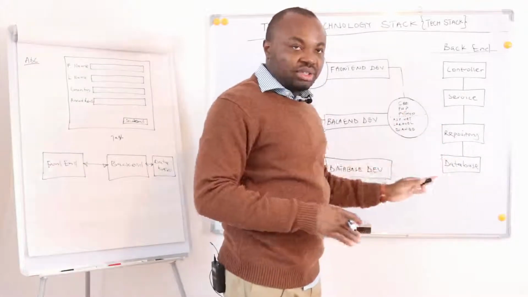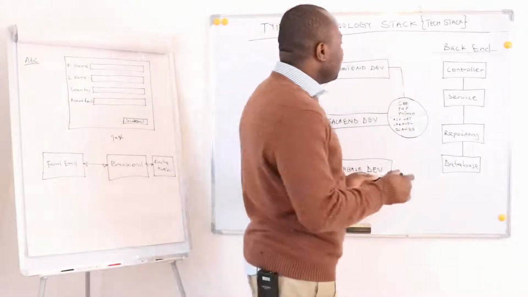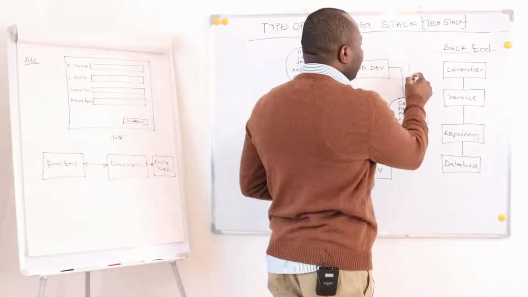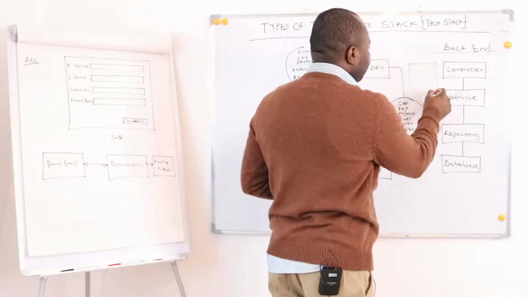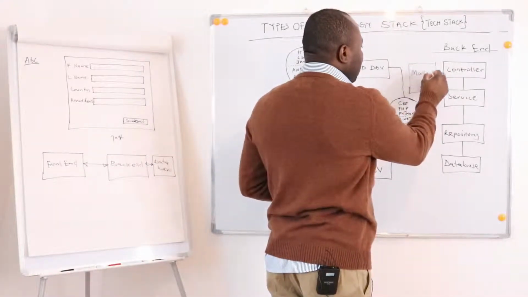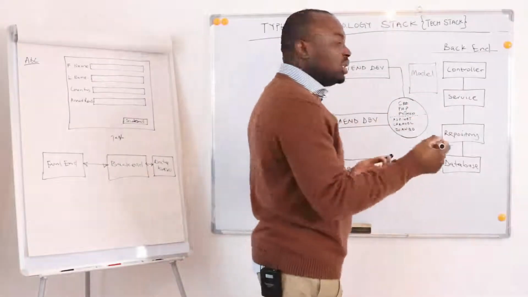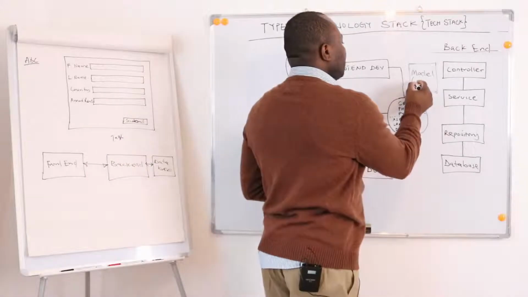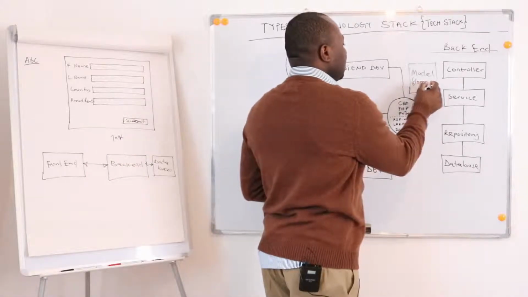I will explain each of these. Then there is also something I've not mentioned, the domain or the model. Let's include the model. We usually call it the domain model, because we have so many types of model. So I want to call this the domain model.